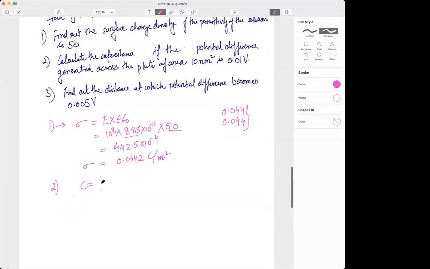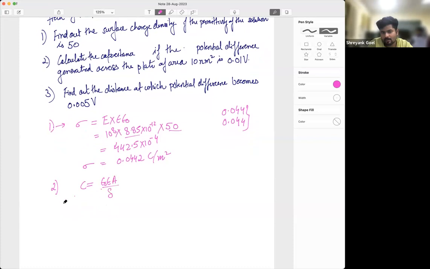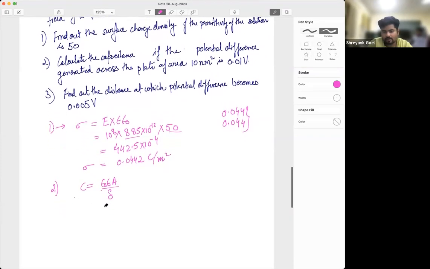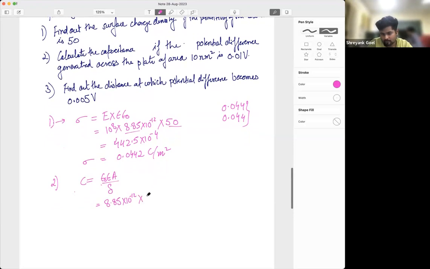Will it be epsilon naught epsilon A by delta? Okay, so 8.85 into 10 to the minus 12, into 50 into 10 to the minus 18, divided by delta.